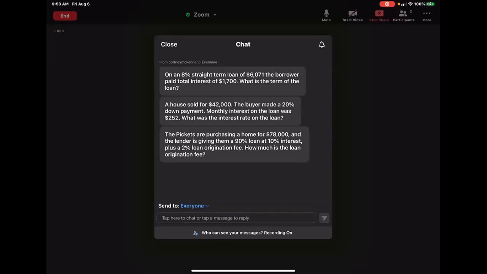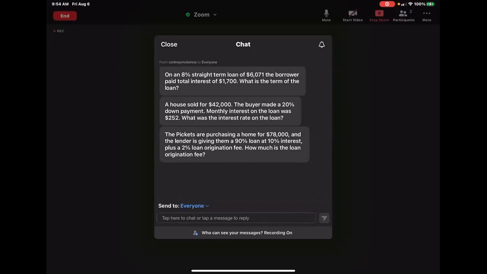That 2% loan origination fee, is that like the points? No, it's an origination fee. Okay, never mind then. How much is the loan origination fee?